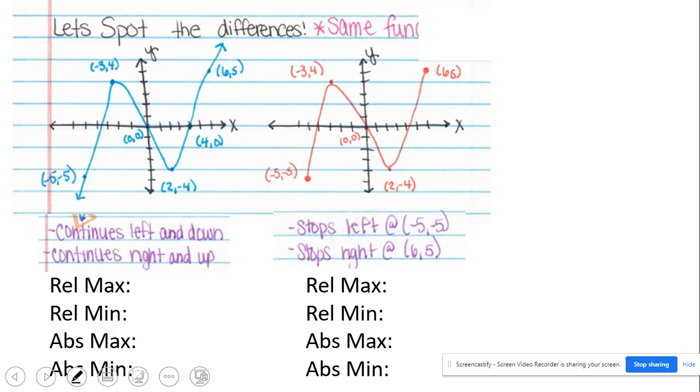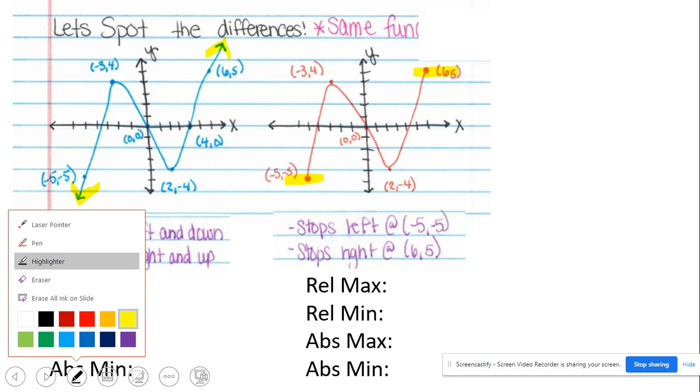So now let's talk relative max, relative min, absolute max, and absolute min. So again, this one on the left keeps going up and down. The one on the right stops. So looking at the blue graph, relative max and relative min. So relative max is a high point or a peak, but not the absolute tallest point.